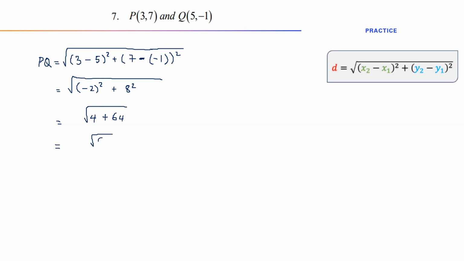That's the square root of 68. For 68, you can rewrite it as 4 times 17. So the square root of 68 is the square root of 4 times the square root of 17, and is equal to 2 square root of 17.